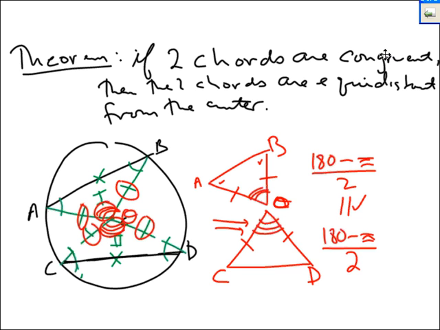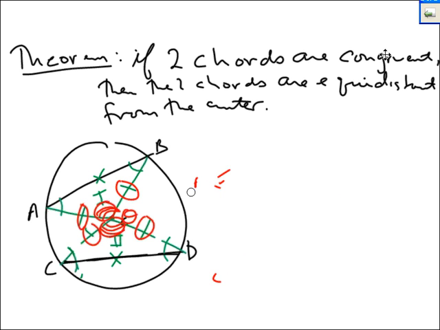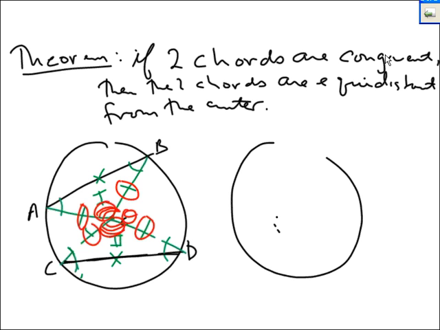Okay, so right now, let me redraw this diagram because I drew one in a lot. And let us see exactly what we have. We have a circle. I renamed the center O. We have AB. We have CD.